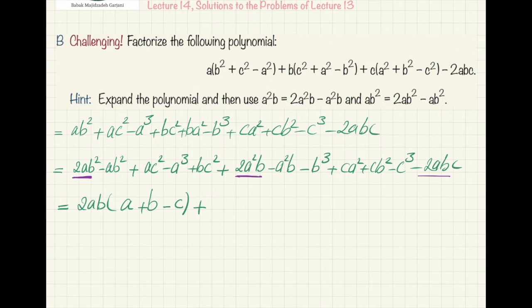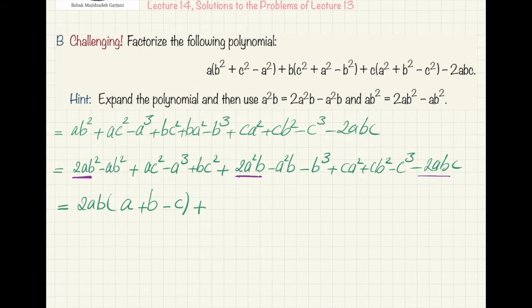Now let us try to find others so that in a way I will be motivated by this. My goal is to group other terms in a way that I can have these as a common factor. So you immediately probably realize that a good idea is to take these together.